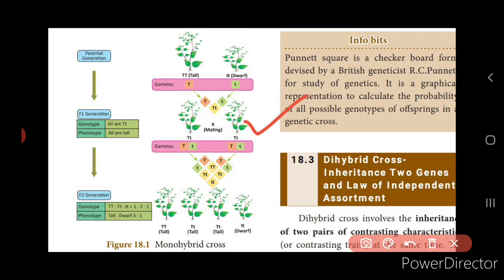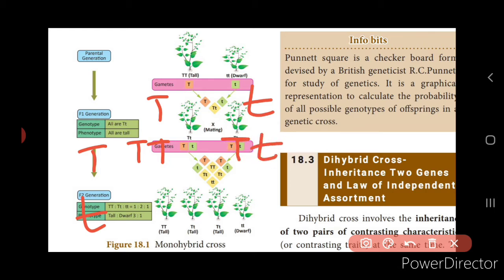Now if you see the second generation, the gametes are represented by small t and capital T, right? So you see the combinations: capital T together, small t and capital T combination, small t and capital T combination, and small t together, right? So this is the second generation crossing.